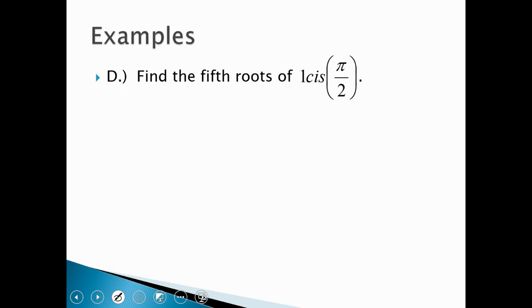Okay, so we have the fifth root. That means we need to find 5 roots. So once I see that this says fifth roots, I know I need 5 answers. In order to do that, we are going to take 1 to the 1/5 power, which is just 1, and then you're going to do cosine plus i sine of your angle that you start with plus 2 pi k over 5.